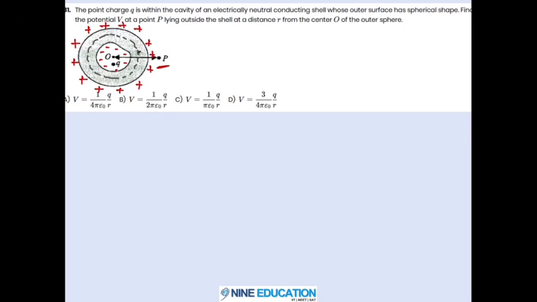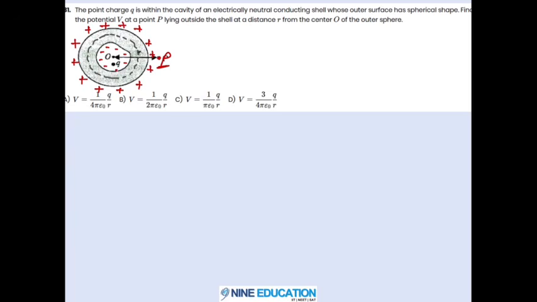So as I told you, this point P is only under the influence of this positive charge on the surface of the sphere. The inside of the sphere, that is the cavity charge and Q, does not affect point P. Therefore, for point P, this symmetric charge looks like a point charge at the center. Because this is symmetrically distributed on the sphere, this can be replaced with a point charge at the center.